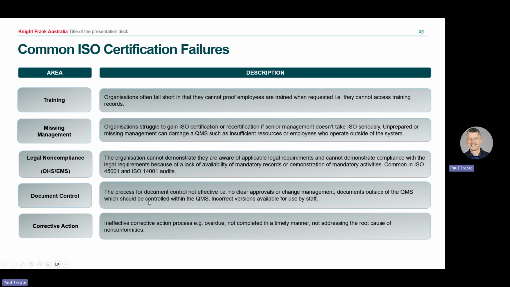I can tell you, many years ago, when I got ISO 9001 certification at one of the organizations I worked for, our surveillance audit was the biggest failure we ever had. We had a new manager in the call center, and that particular manager decided to invent lots of his own local documents that he wanted his team to follow, and they should have all been included within the quality management system.